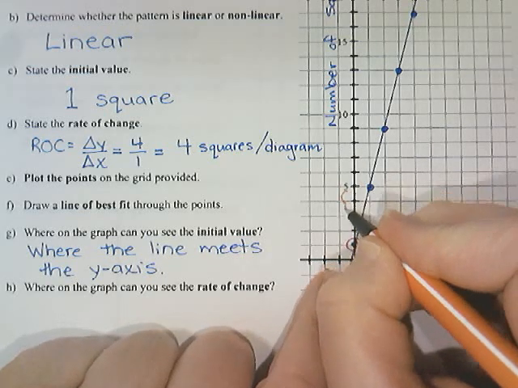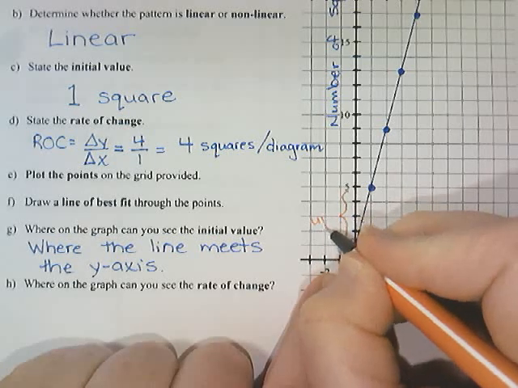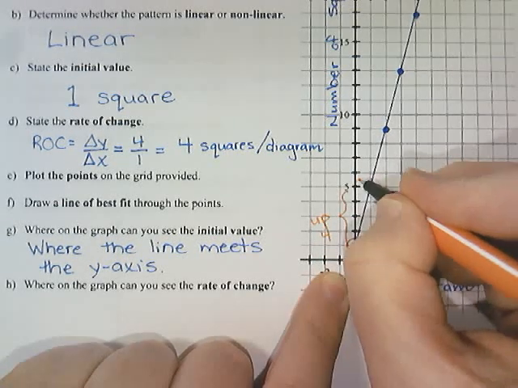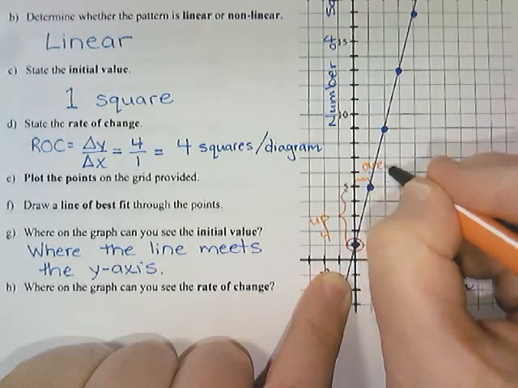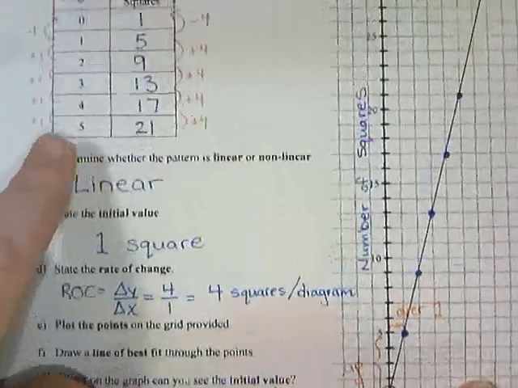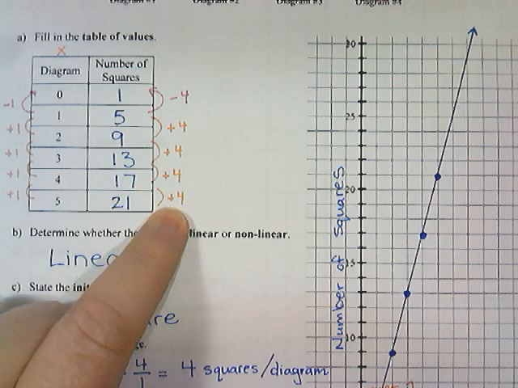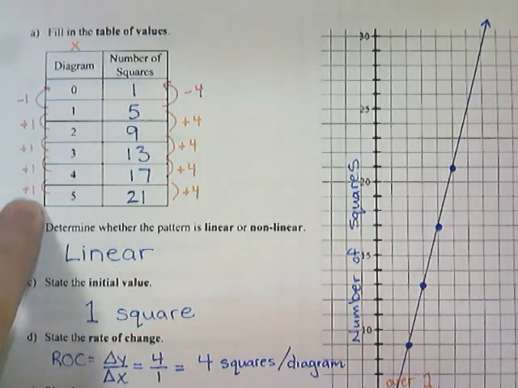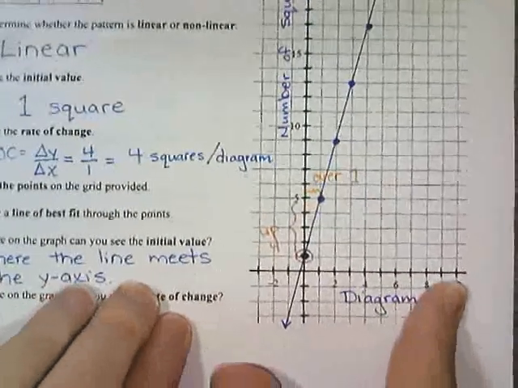So I went up 4, and then I went over 1, which if we look at our table of values, on the y side, we were going up 4, and on the x side, we were going over 1.